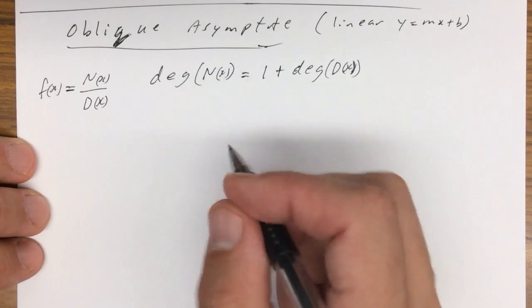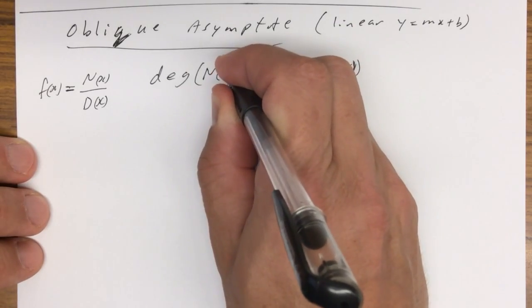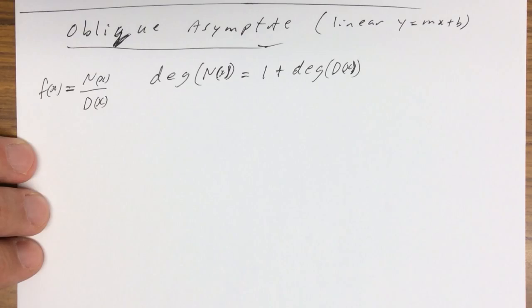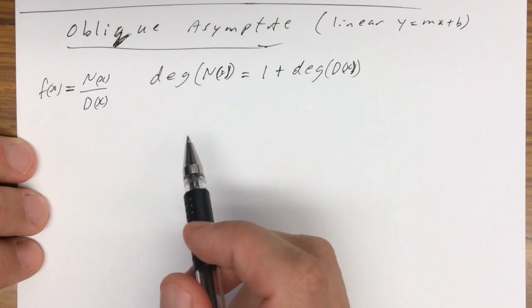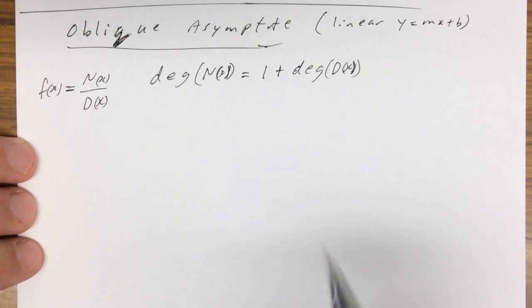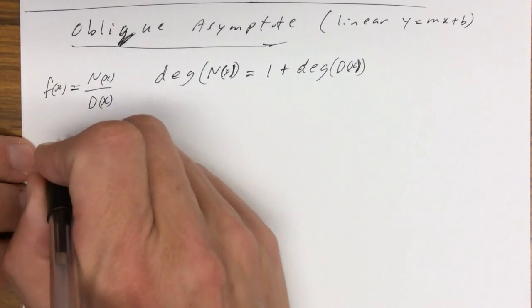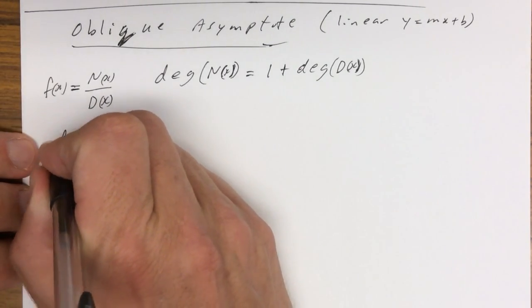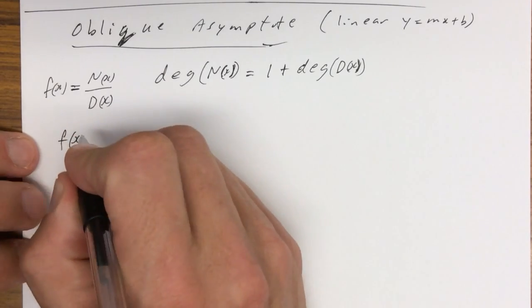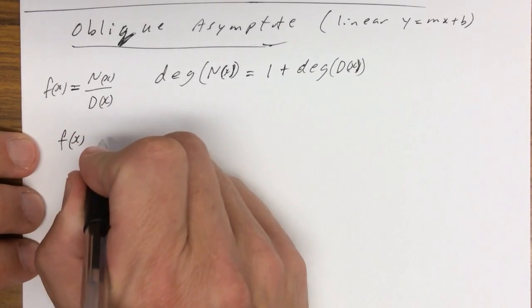So in this case, we're going to look at functions where the degree of the numerator is 1 greater than the denominator, and take a look at the end behavior and what it looks like. So let's jump right into an example here. How about f of x, and we're just going to look at the end behavior for this one because it's not going to be factored.